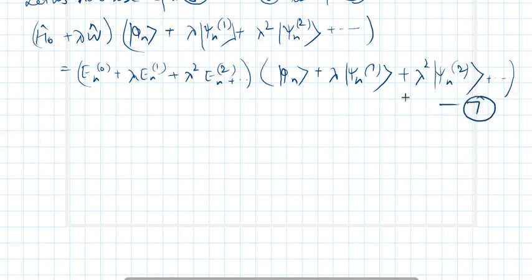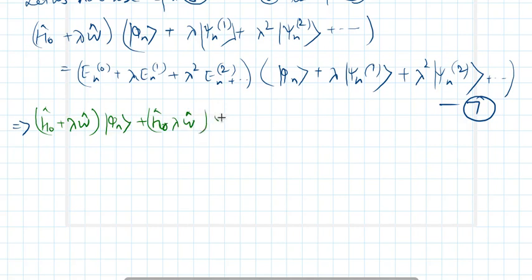Then let me try to simplify this equation, and it simplifies as follows. This is (h naught plus lambda w) multiplied with this whole expression, so it is phi n plus (h naught plus lambda w) lambda psi n1 plus (h naught plus lambda w) lambda square psi n2 and so on.